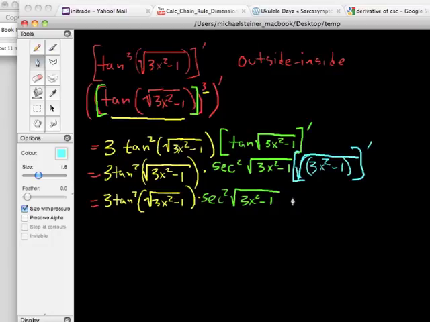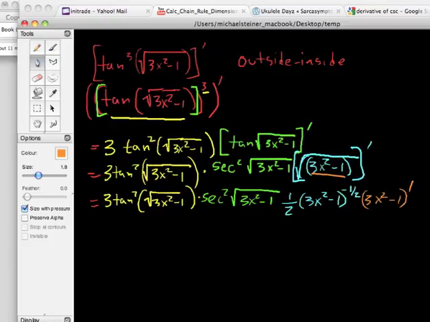The derivative of that is 1/2 of the something, 3x squared minus 1, raised to the negative 1/2 power, times the derivative of 3x squared minus 1, because we still have to take the derivative of the inside.